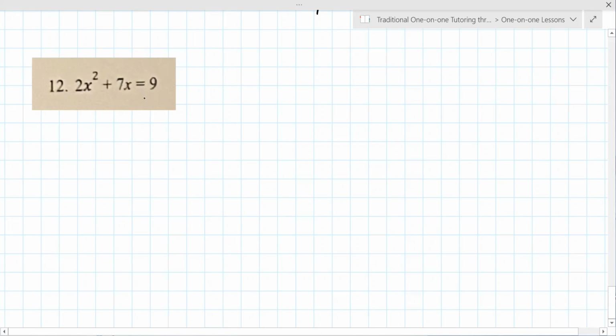Add. Okay, so if I add 9, the right-hand side becomes 18. Is that right? No. Okay, so why do you subtract? Well, the 9 is positive here. That's why you subtract. Yeah, that's right.